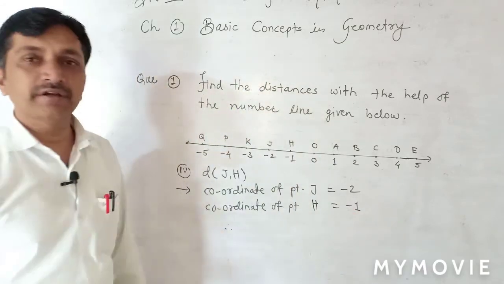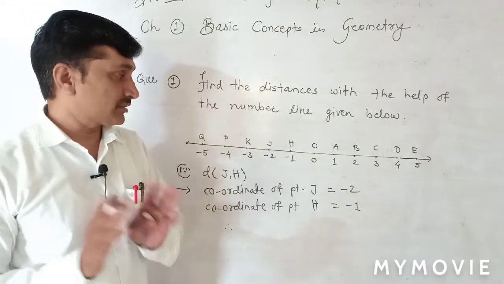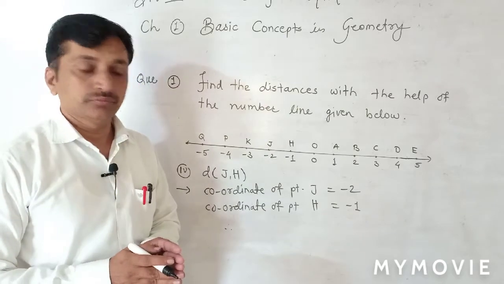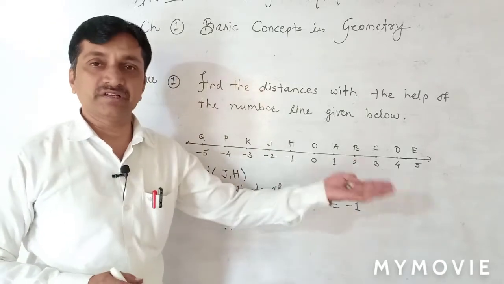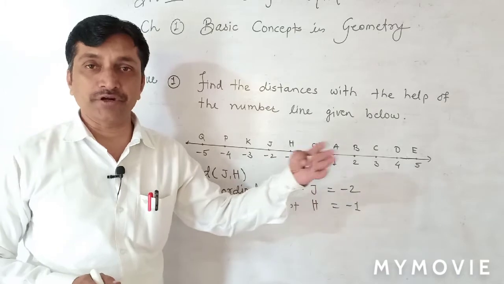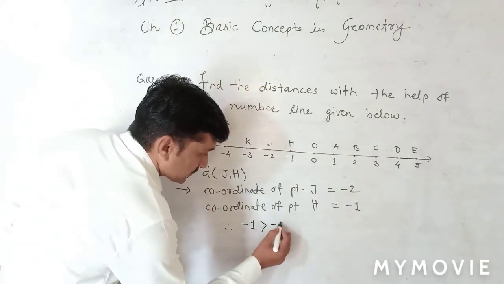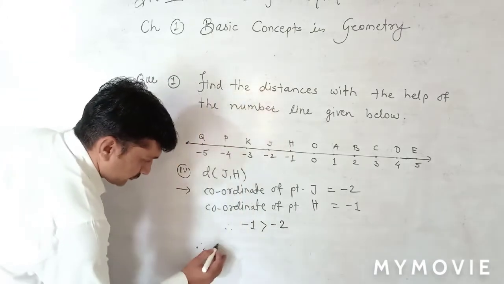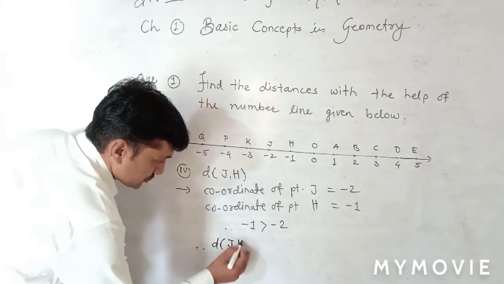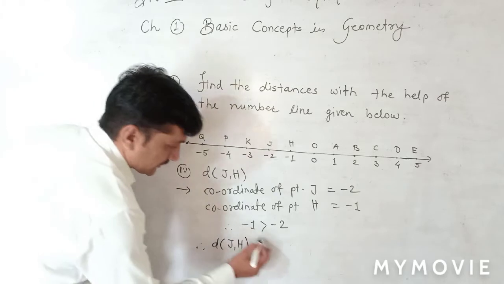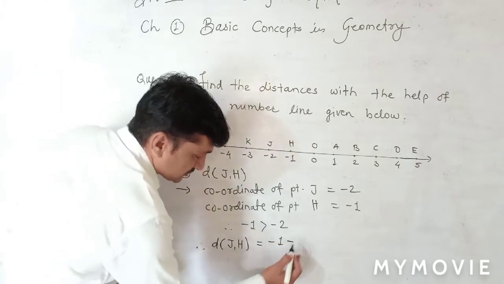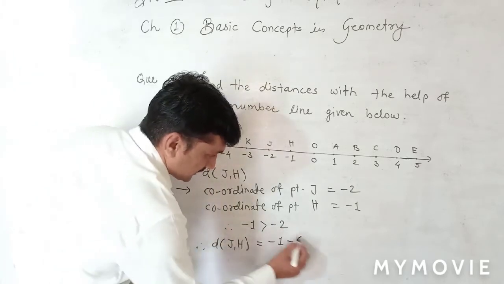Therefore now both are negative. If both are negative, the smaller number is greater, smaller coordinate is bigger, then minus 1 is bigger than minus 2. Therefore distance between JH is equal to the greater, minus 1, minus for subtraction, and smaller minus 2.